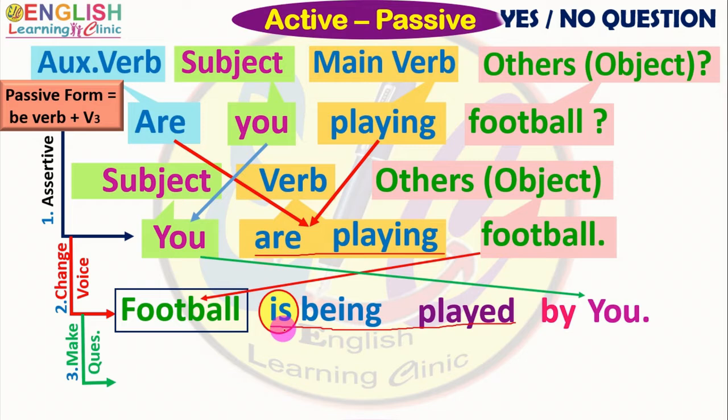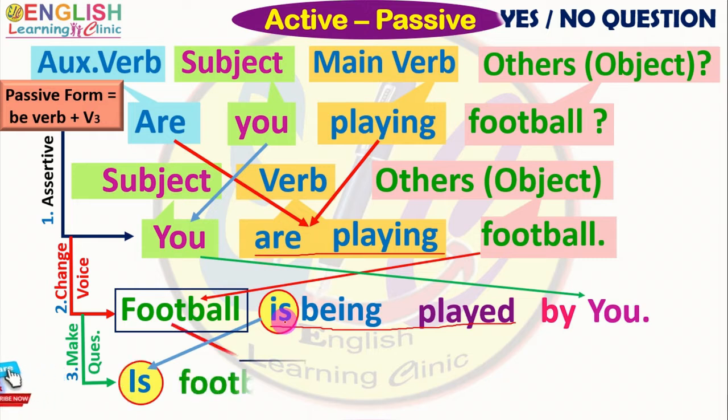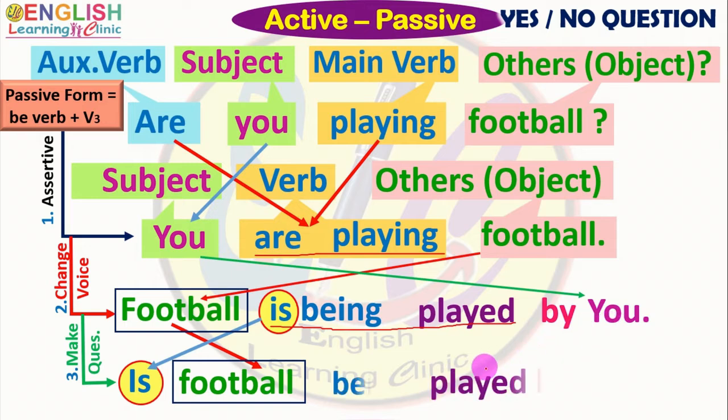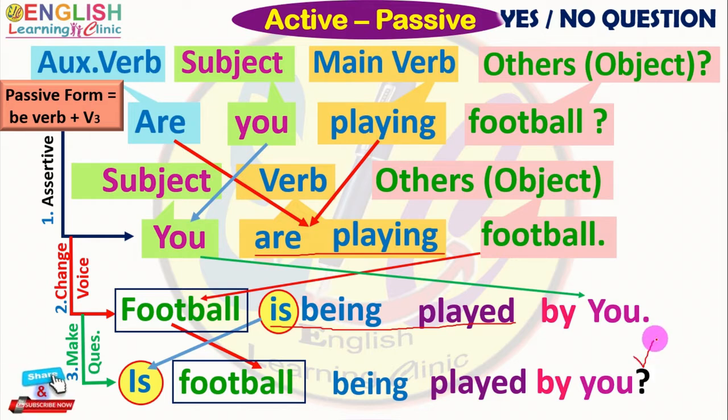So, now change the place of football and is. That is, is will come first, next football, and the rest part of this sentence will come one after another. And at the end of the sentence, just put the note of interrogation. And now, this is the sentence with the passive form of the verb of this interrogative sentence.